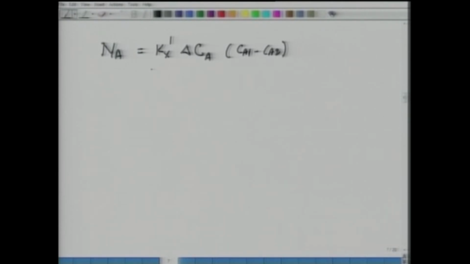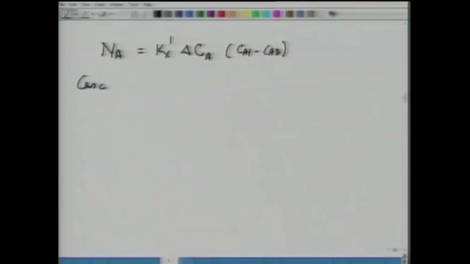In case 1, when the other component B was stationary, we can write NA like kx, proportional to the concentration difference or mole fractions. Let's take case 2, when we have equimolar diffusion, and see if we can develop similar expressions for diffusion flux. Case 2 we studied in the last class, in earlier classes.